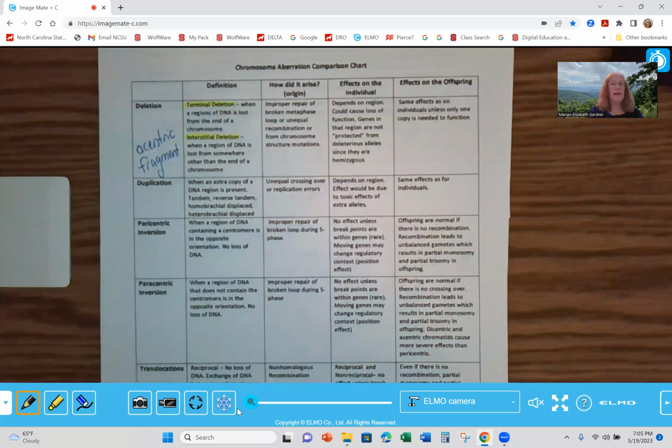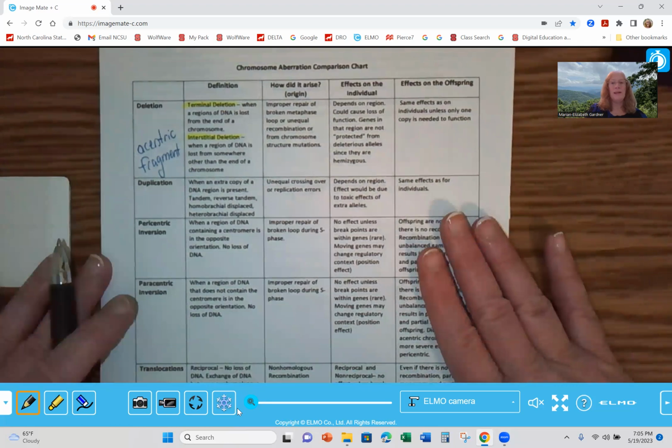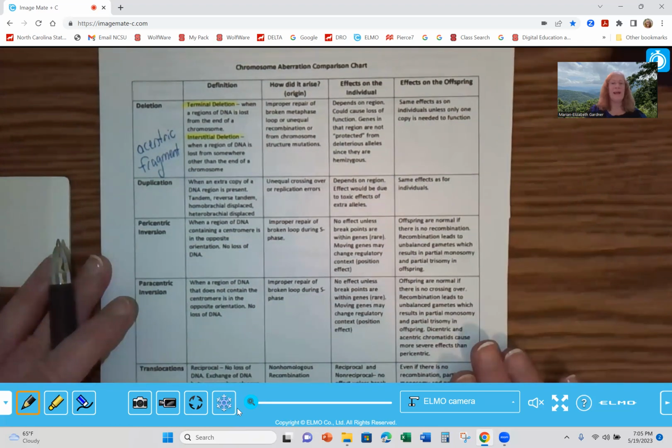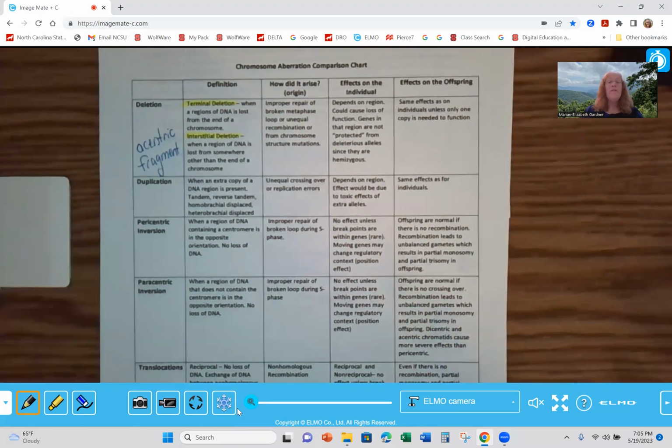So there are probably a whole bunch of qualitative types of questions I can come up with based upon this page. So I encourage you to read it and feel very comfortable with explaining how these different types of aberrations arose, the definitions of the various terms that we have, and the effects on the individuals and their offspring.